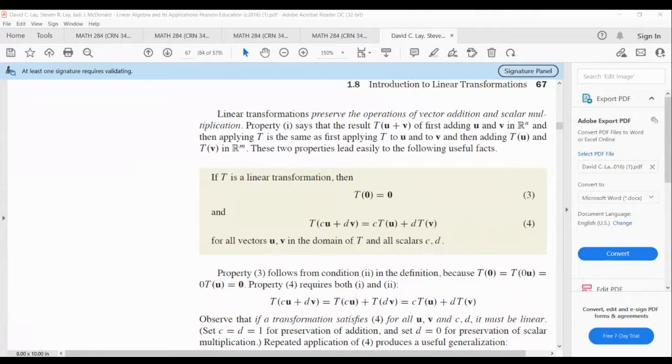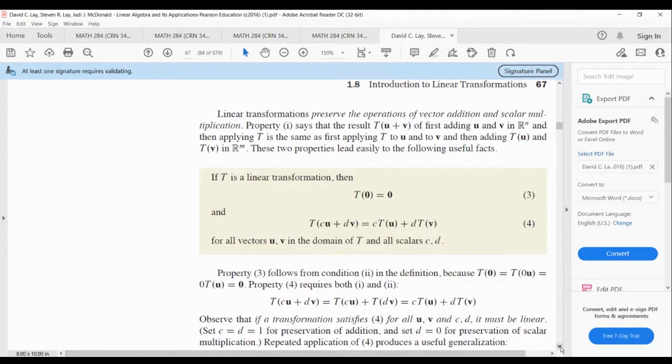Also, if you transform a linear combination of two vectors, that's property 4 there, that'll equal a linear combination of the transformed vectors. So those are important properties. Let's see how it relates to example 5.